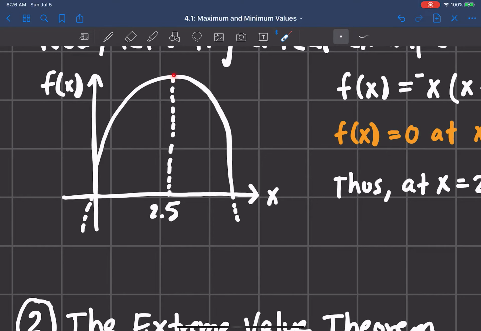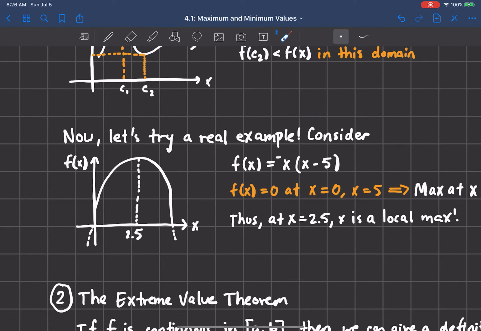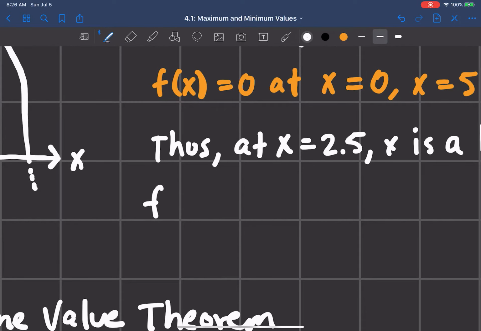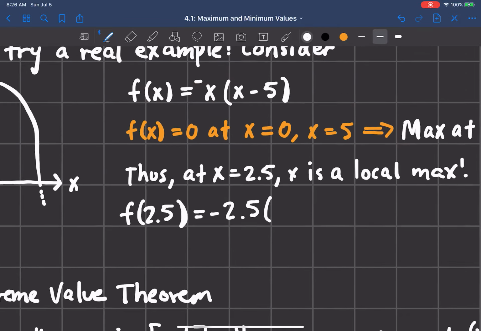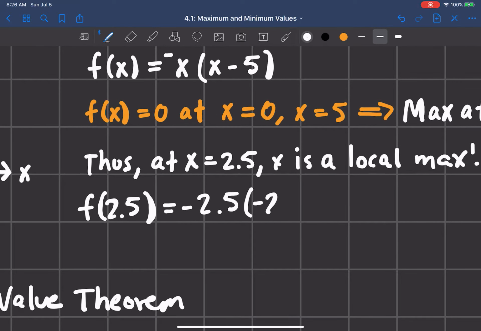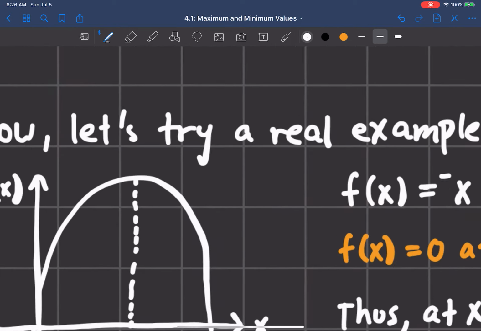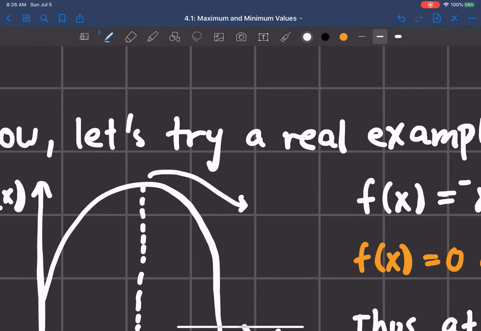In fact, we can quantify the exact amount. At 2.5, if we plug in, we get that f of 2.5 is in fact negative 2.5 multiplied by negative 2.5, which is precisely 6.25, or also written as 25 over 4. So we know that this point right here is precisely 25 over 4.